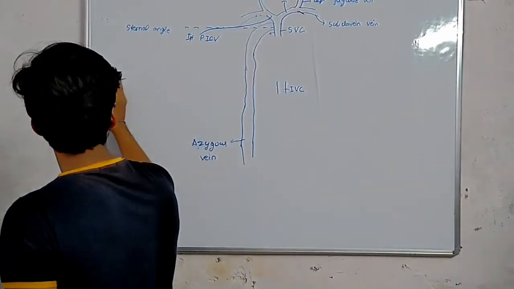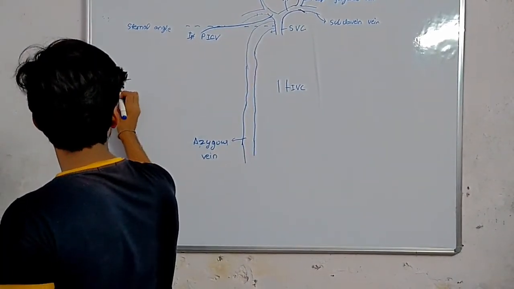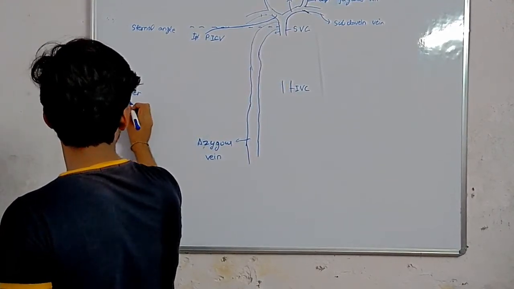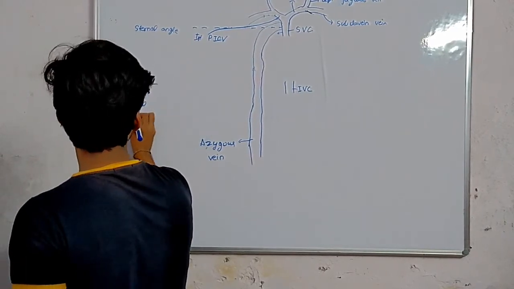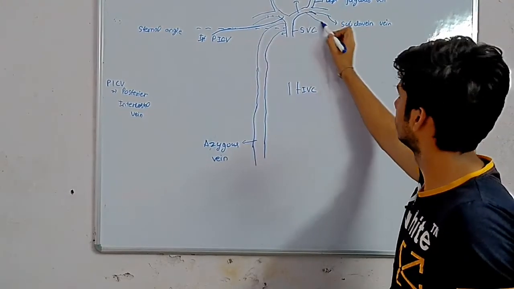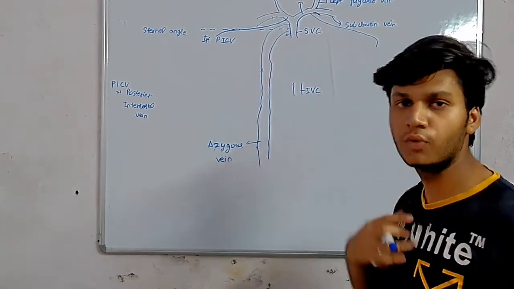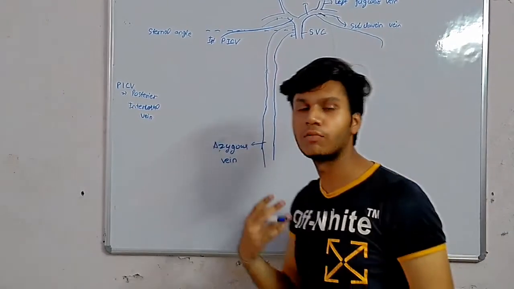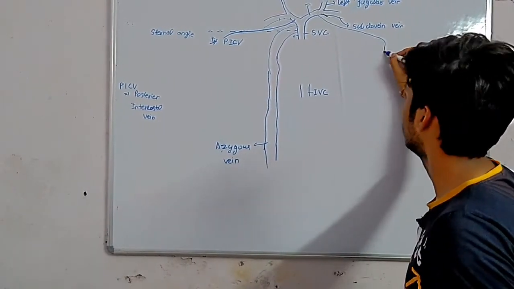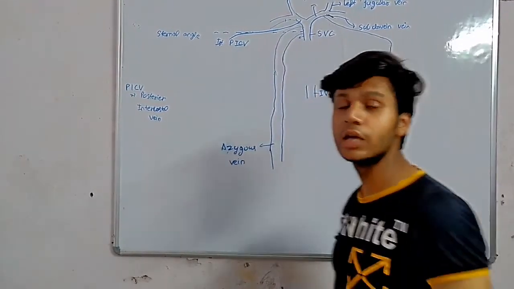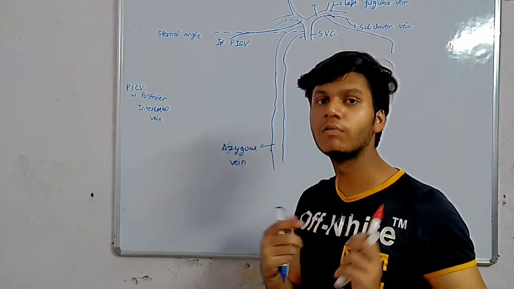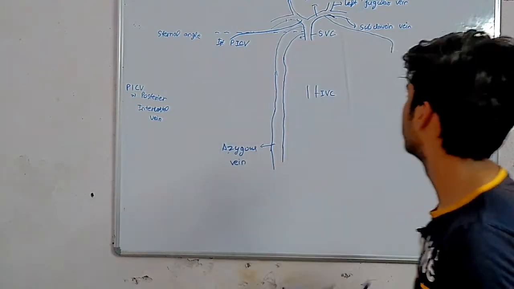This first posterior intercostal vein comes from the brachiocephalic vein, left side and right side both, and then anastomoses in front with the internal thoracic vein by the anterior intercostal veins, which are branches of the internal thoracic vein.